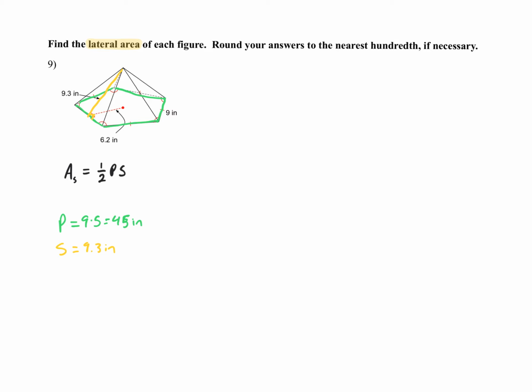So to find that lateral area, I'm going to say 1/2 times 45 inches times 9.3 inches. And that's going to give us, I have to plug it in my calculator, 209.25. Remember, inches times inches gives me inches squared.